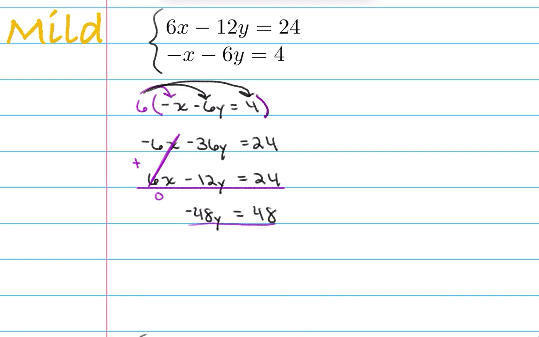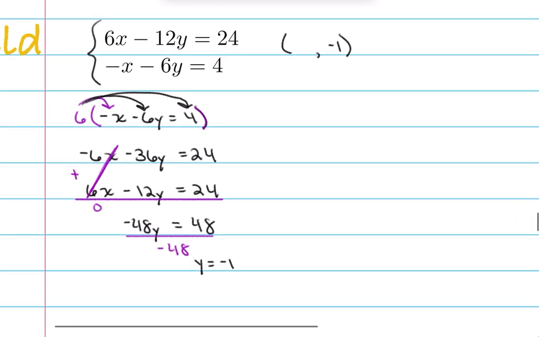So I'm going to solve for y, which means I'm going to divide both sides by negative 48, and I get y equals negative 1. Okay, so there's my y value. And if I want my x value, we talked about this in the substitution video. If you want the x value, all you have to do is take this y and plug it into one of your equations.